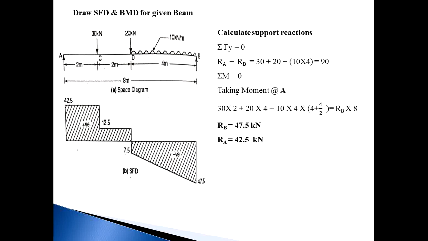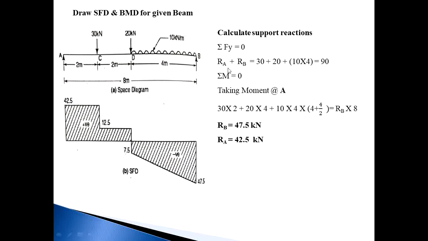So in this system there are a total of 5 forces including 2 reactions: 30 kN, 20 kN, and the UDL of 10 kN intensity. These are external applied forces, and RA and RB are the reactions. RA and RB go in the upward direction and the remaining 3 forces go in the downward direction.